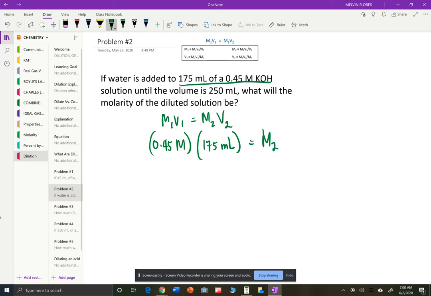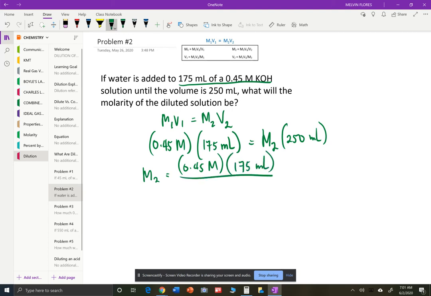So we're looking for the final molarity. And then we have 250 ml of final volume. So the same thing, if we're looking for M2, it's going to be 0.45 molarity times 175 ml divided by 250 ml. Since your units in volume are the same, you cancel that out.